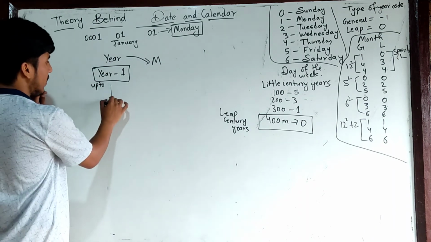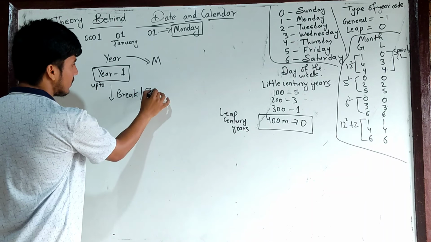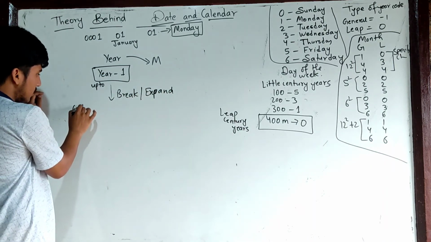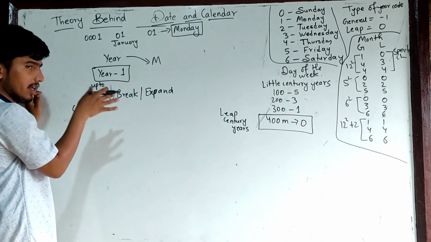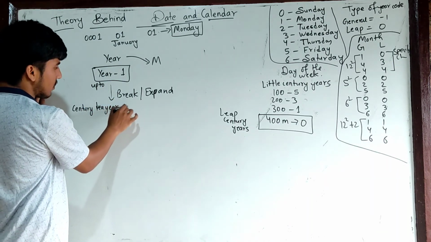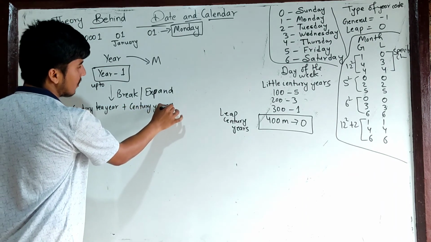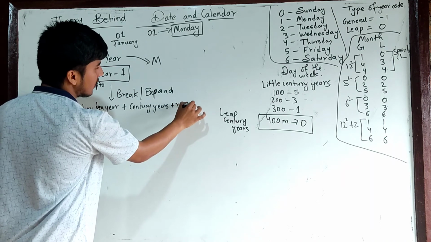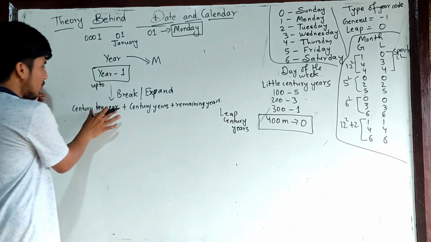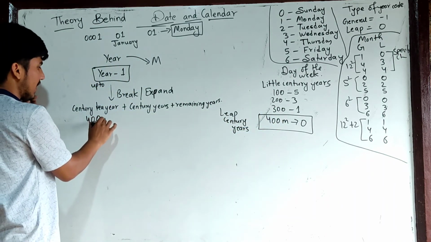Then we need to break or expand this year minus 1 into some century leap years, the closest but a little bit lower century leap year, plus some century years and some remaining years. Here the century leap year must be in the form 400 times m.